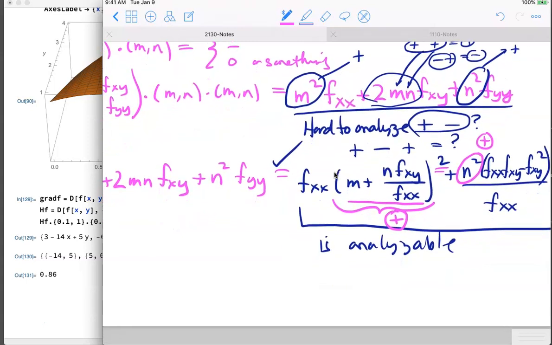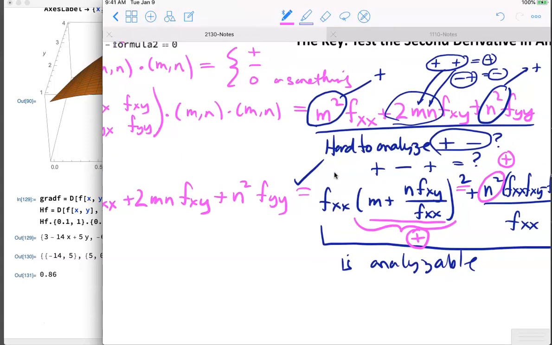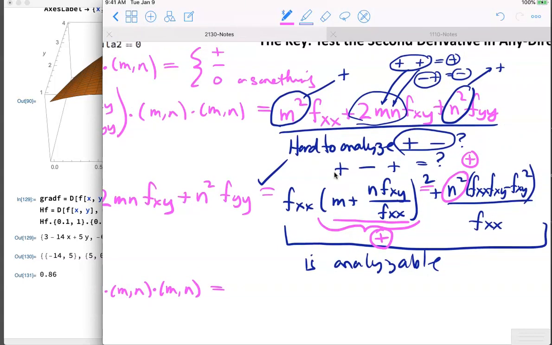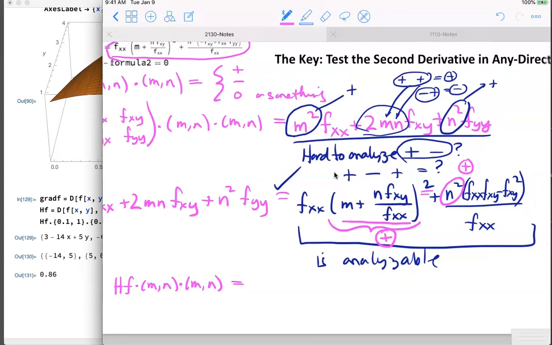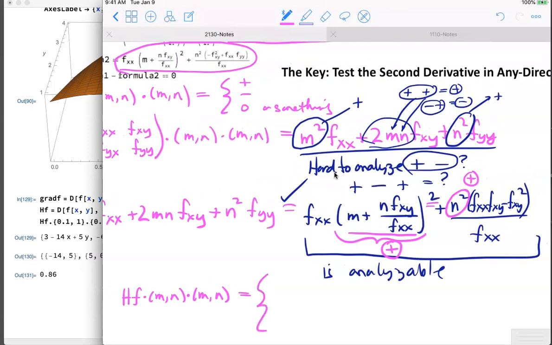So what we can say is that the Hessian in any direction, mn multiplied by mn, it actually won't matter what m and n are. What matters for this being positive or negative or something else completely depends on the function itself.